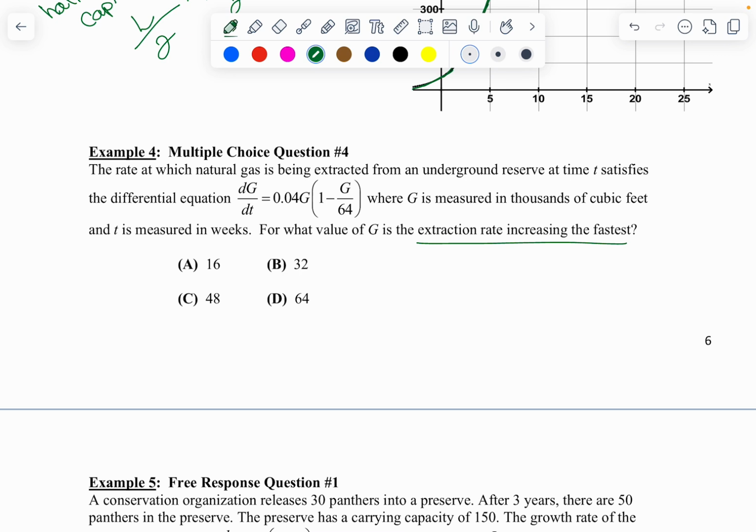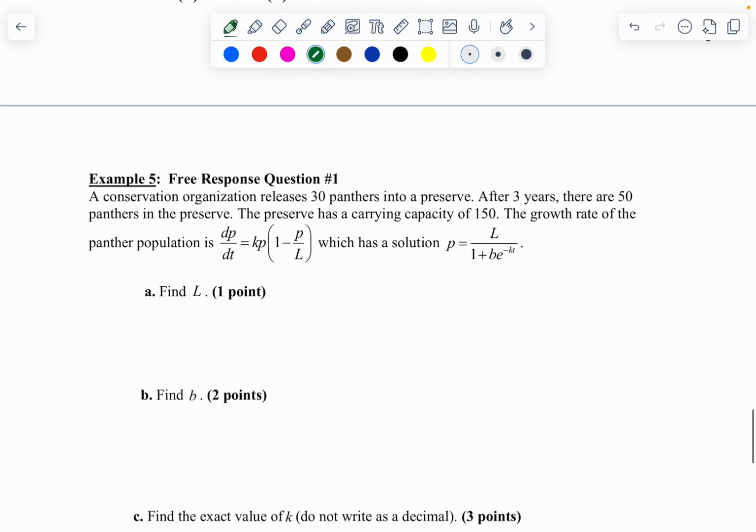So again, it's the same type of question, except we're not using the general form or the particular form, we're using the differential form. But I still need to know what L is and divide that by 2. Now, according to this form, I need to remember that L is 64. And 64 divided by 2 is 32. And I'm done.